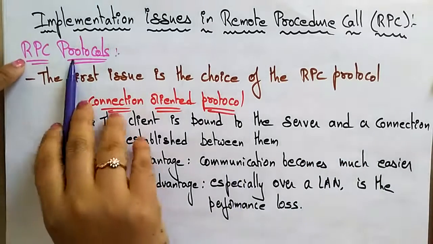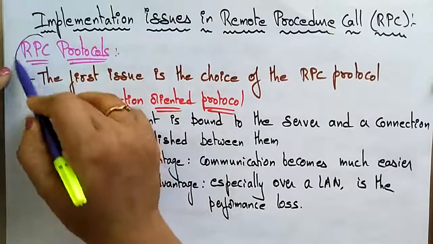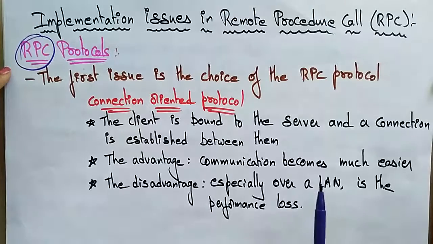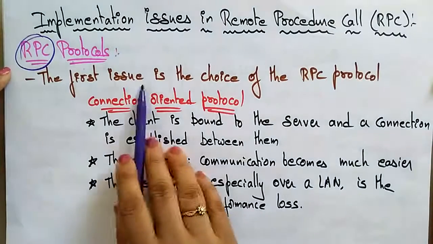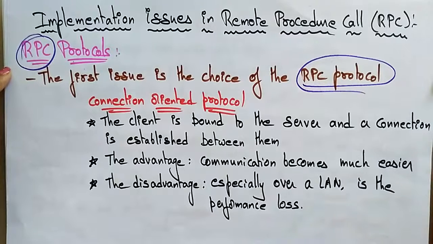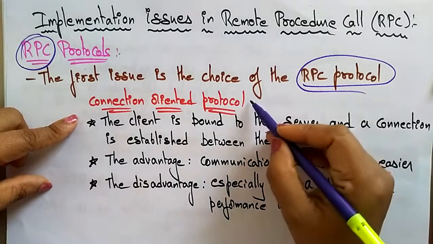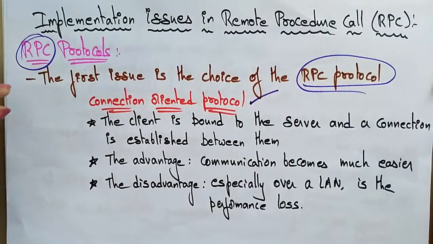Now let's see the RPC protocol. A protocol means a set of rules. So what type of rules is RPC following? The first issue is the choice of RPC protocol. Whenever you are using the RPC technology, the remote procedure call, the first step is deciding what type of RPC protocol you are using: connection oriented or connectionless.